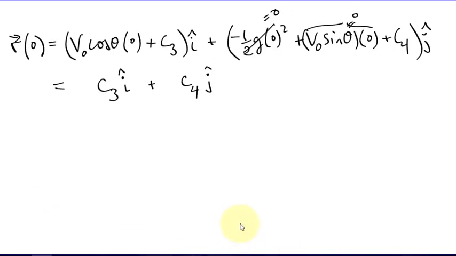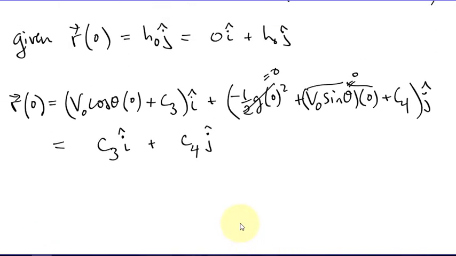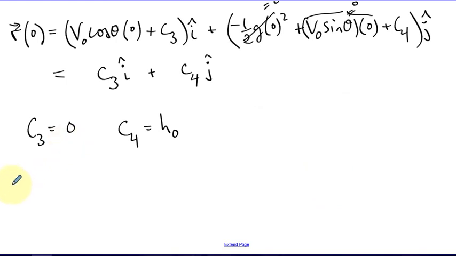So to be consistent with everything that we've developed so far, we make the logical conclusion that constant c3 has got to be 0, and constant c4 has got to be h0. And so I have it now done. The position vector at any time is, in the I component, v0 cos theta times t.